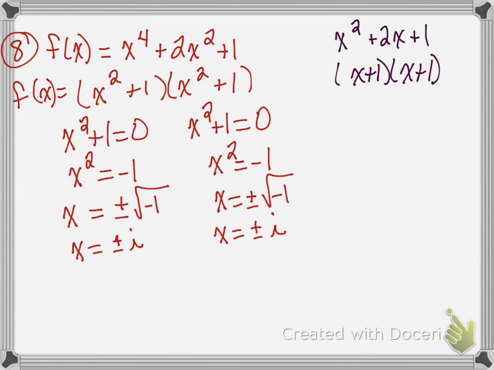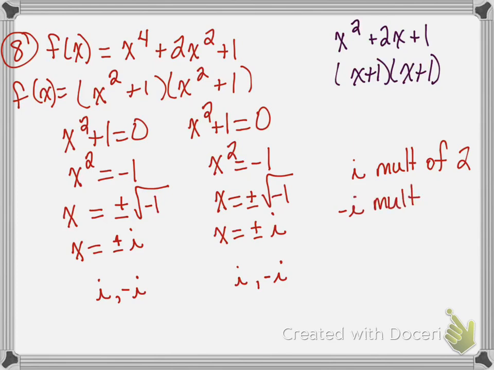Okay? So my answers are positive i and negative i. Each one of them has a multiplicity of 2. Positive i shows up twice and negative i shows up twice. So if I were to write this out, it would be i and negative i, and then i and negative i. So i has a multiplicity of 2, and negative i has a multiplicity of 2.